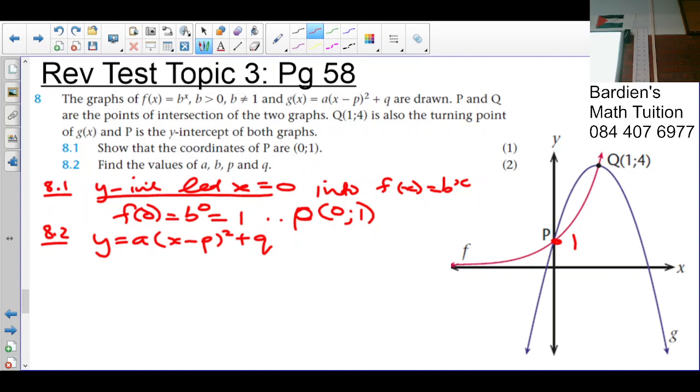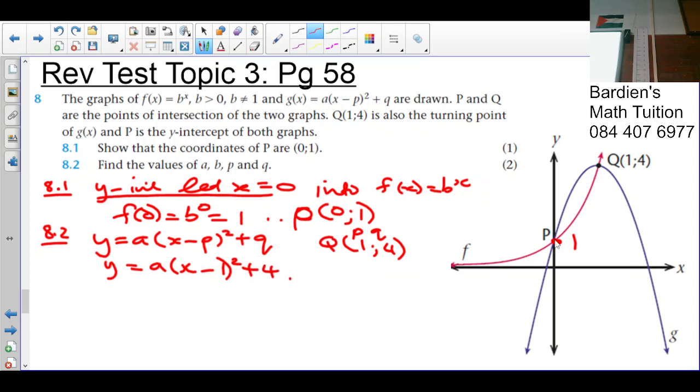If you are given the x-intercepts, then you use the formula y is equal to a into x minus x1, x minus x2, not so? But the turning point is given here. So Q, which is 1 and 4, that is your p value and your q value. So y is equal to a into x minus 1 squared plus 4.